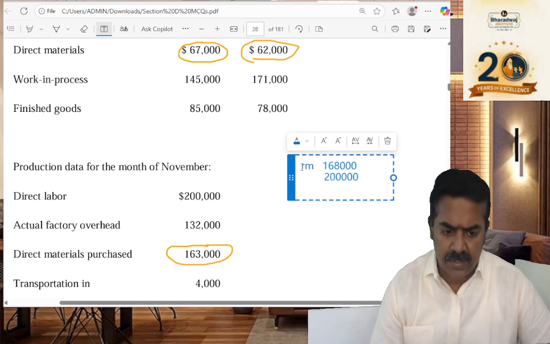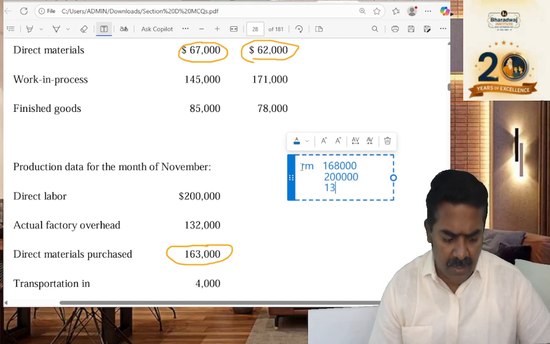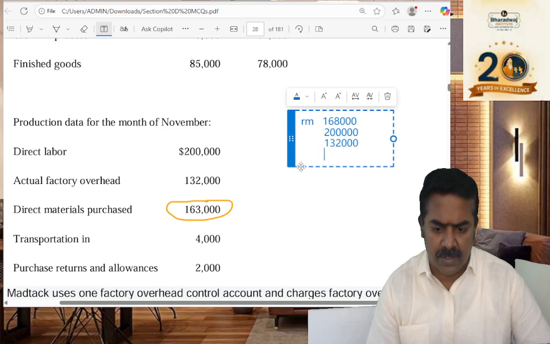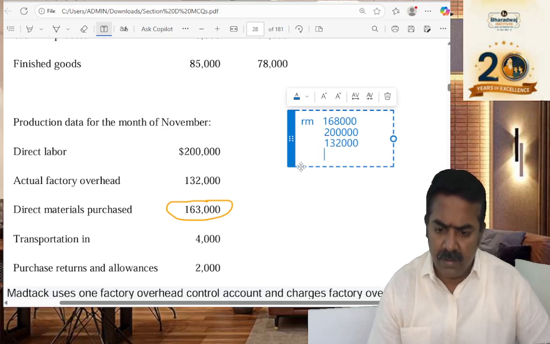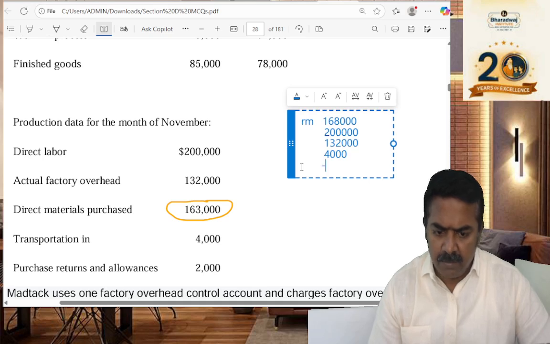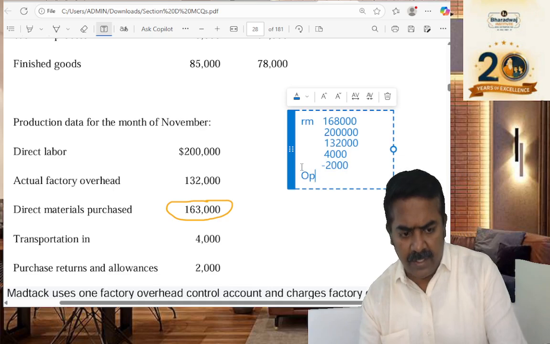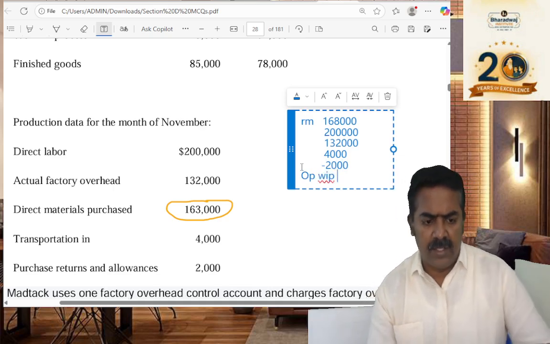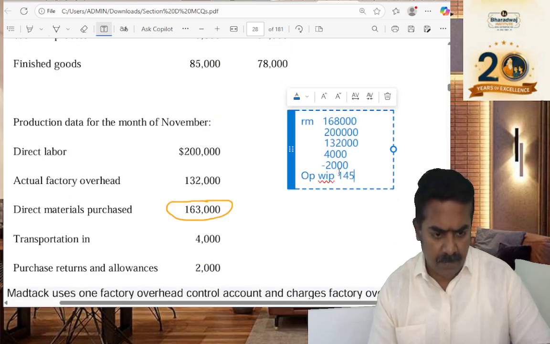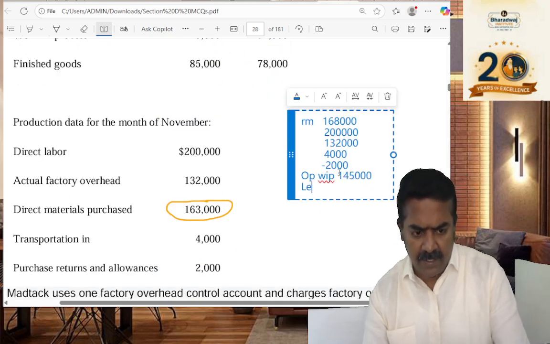Add factory overheads 1,32,000. Add transportation in, that is also part of prime cost. Transportation in 4,000 minus purchase returns 2,000. With this, add opening WIP. What is opening WIP? 1,45,000. Less closing WIP.